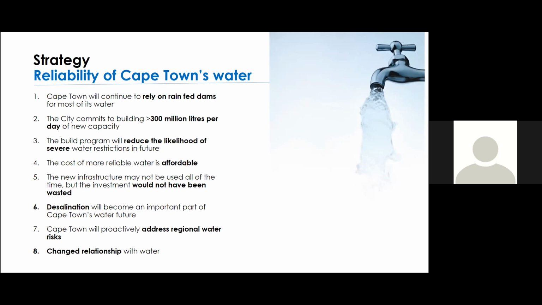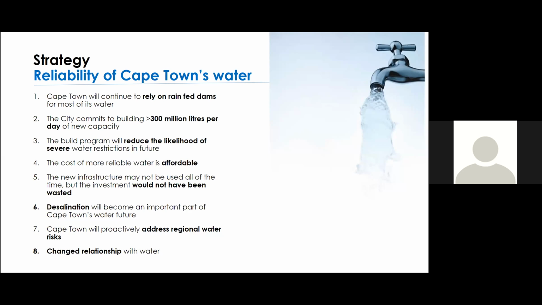The build program will reduce the likelihood of severe water restrictions in future, which will obviously aid economic growth. And fourth, the cost of more reliable water will be affordable because we will structure this through various financial and funding models and operating models, which will minimize the impact on residents in terms of tariff increases.